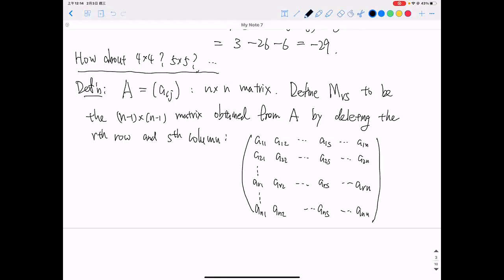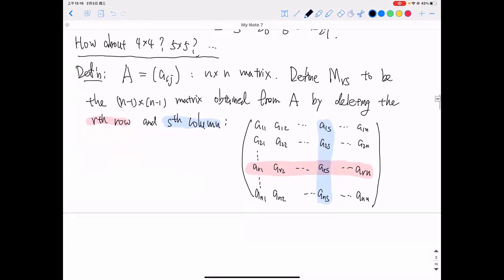So this is A. Now if you're looking at the rth row here, delete it. Looking at the sth column here, delete it, and squeeze everything back so that there's no space left. You're gonna get an m minus 1 by m minus 1 matrix. That's what we call M_rs. All right.